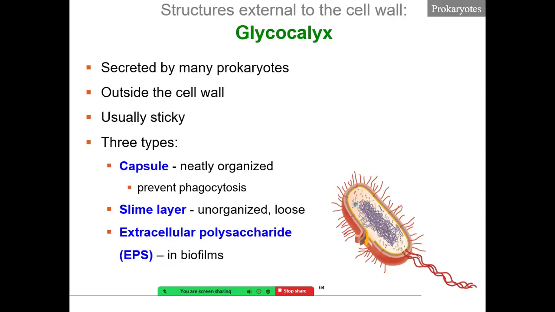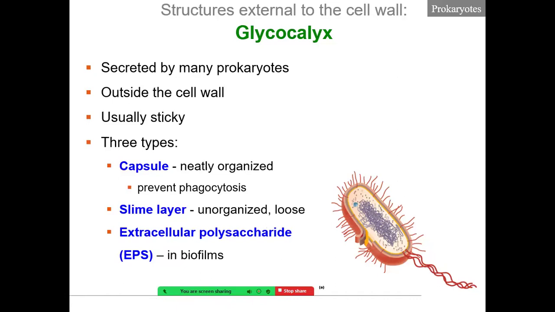The slime layer is also secreted by the cell, but it is mostly water. It is loose and unorganized and is not attached very well to the cell. You cannot see the slime layer in the light microscope.